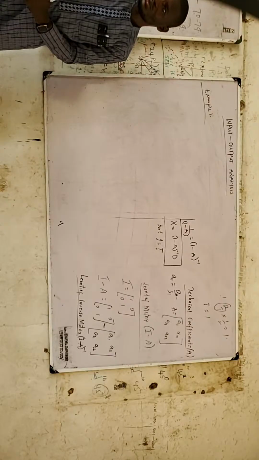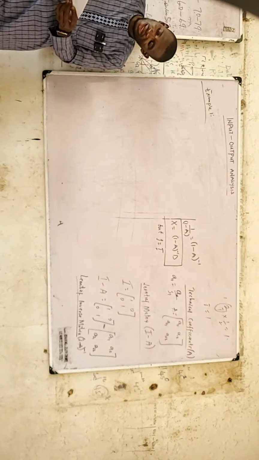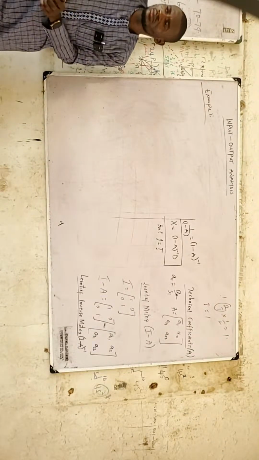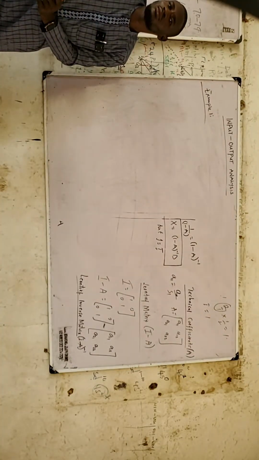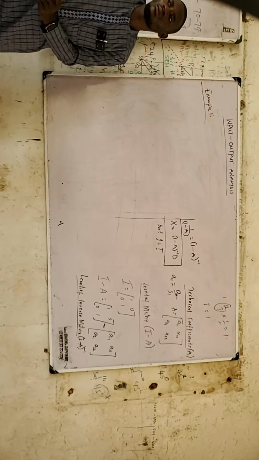In an economy, there are 2 industries, A and B, and the following table gives the supply and demand position of the industries.